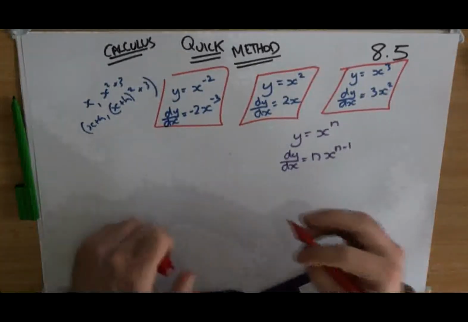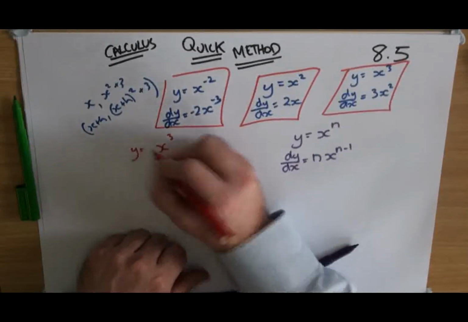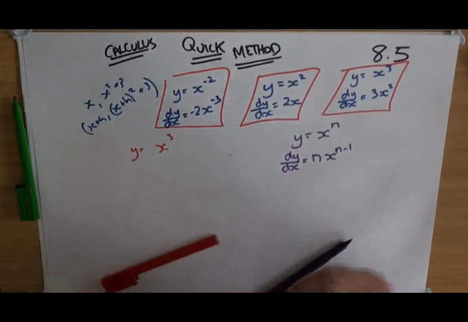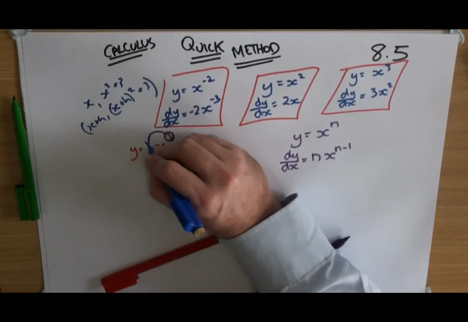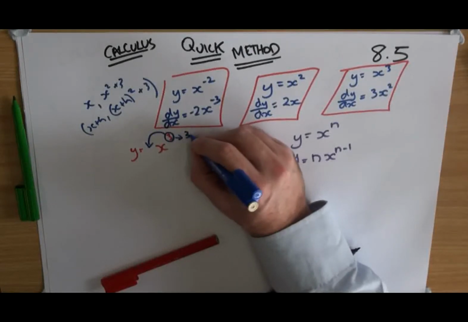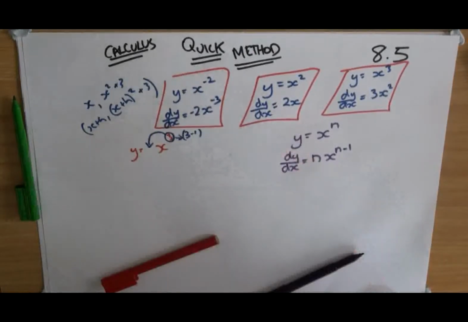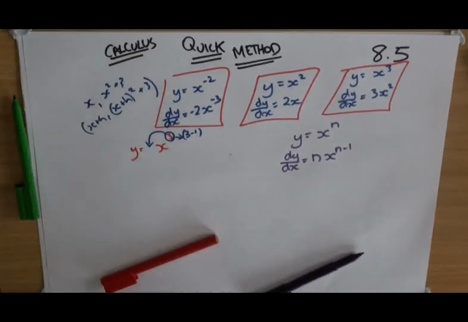In other words, if y equals x to the 3, the 3 comes down the front, and the power stays there but goes 3 minus 1. It just minuses 1.